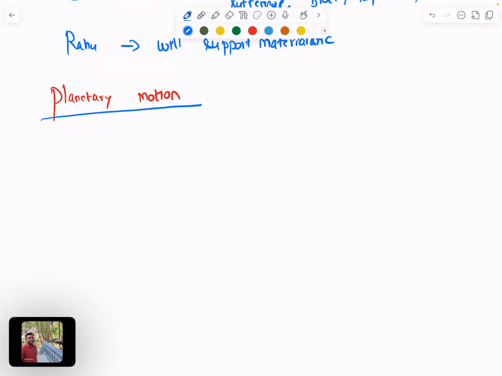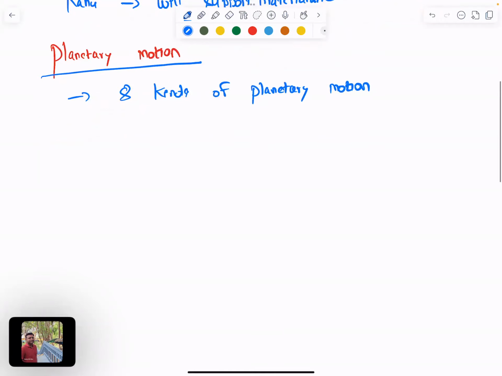So there are close to 8 kinds of planetary motion. After this, we'll go to the progression. First is Vakra. Second is Ativakra. Third is Kutila.